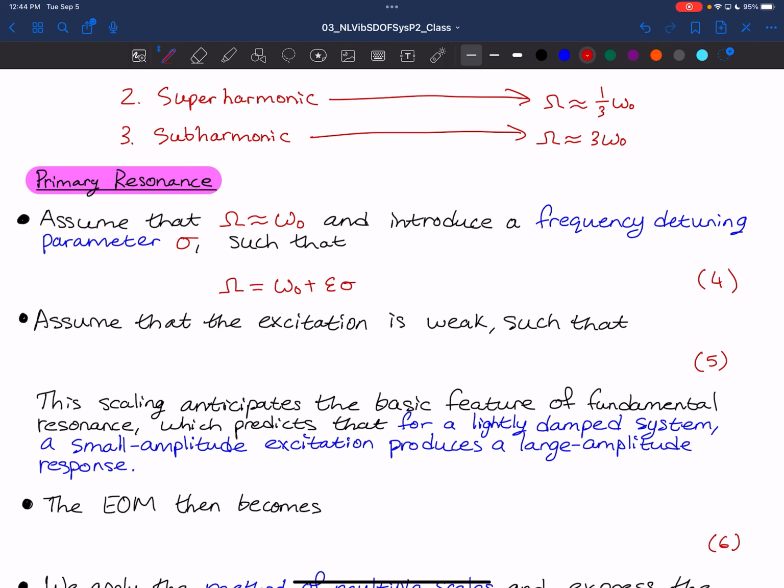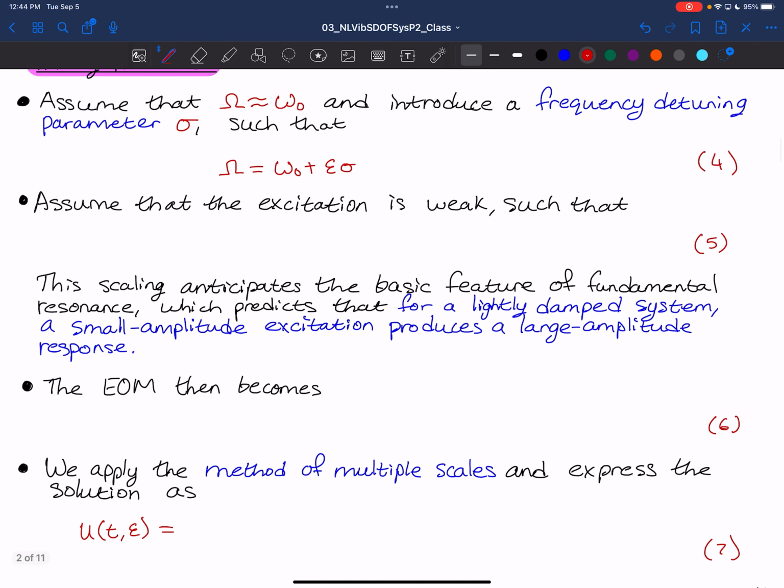We're also going to assume that the excitation k is equal to epsilon times a lowercase k, where this lowercase k is of order 1, and again, epsilon is much less than 1. So we're assuming here the excitation is weak, and the reason for that is that a basic feature of fundamental resonance is that you're going to get a large amplitude response for a small amplitude excitation.